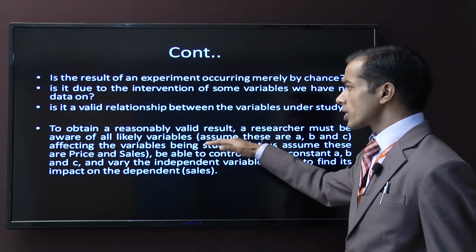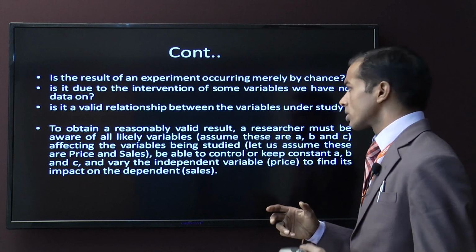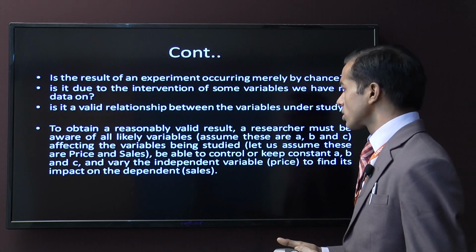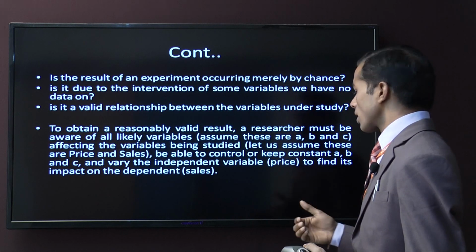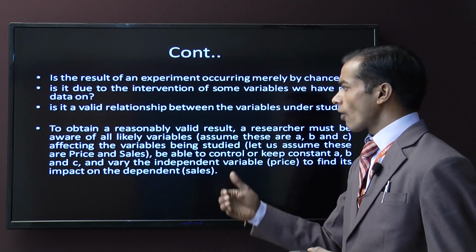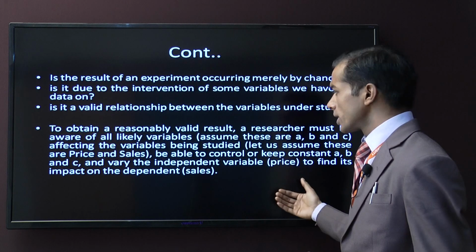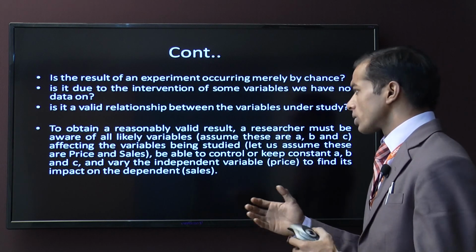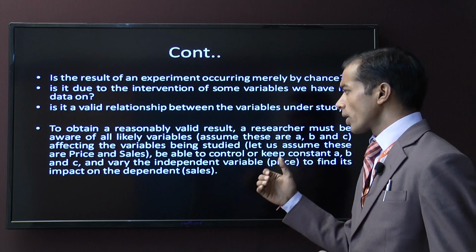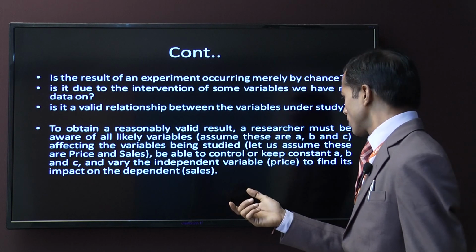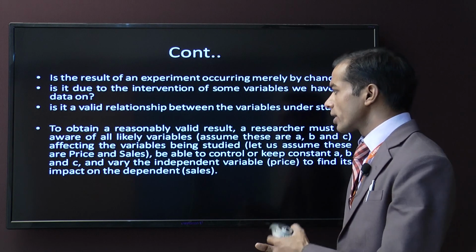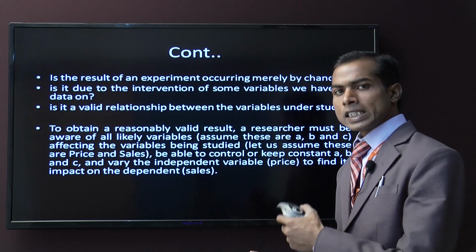To obtain a reasonably valid result, a researcher must be aware of all likely variables. Assume these are A, B and C affecting the variable being studied. Be able to control or keep constant A, B, C and vary the independent variable, that is price, to find the impact on the dependent variable, that is sales.